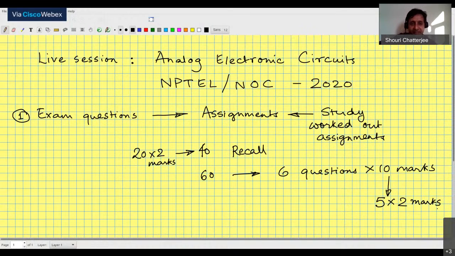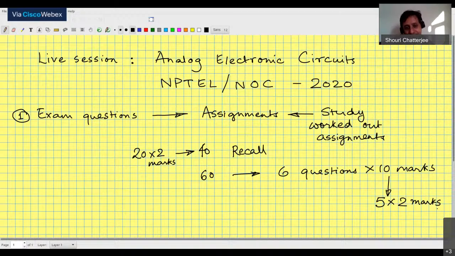So basically there will be 6 problems, and each of these 6 problems will have 5 parts, each worth 2 marks.